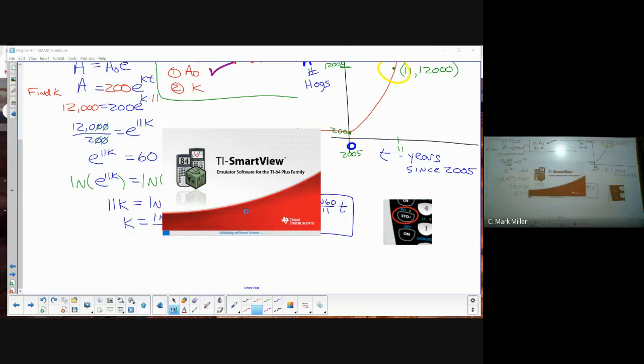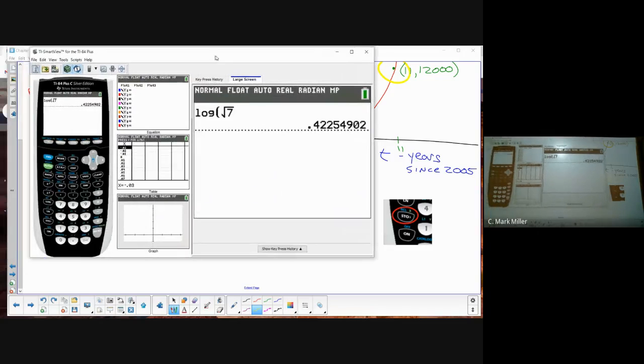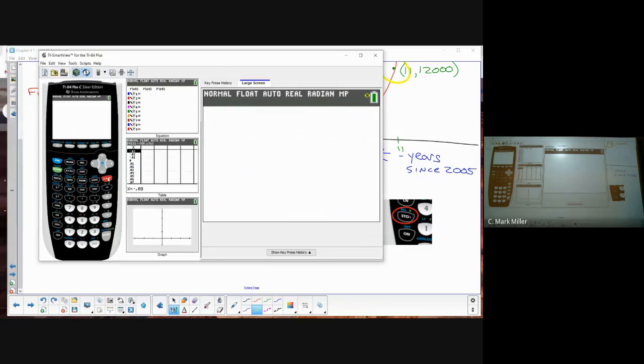The first thing I'm going to do is compute that K, and I'm going to store it in memory on my calculator. You don't round it. Now, you can put it on your paper as rounded, but you don't round it in your computation.